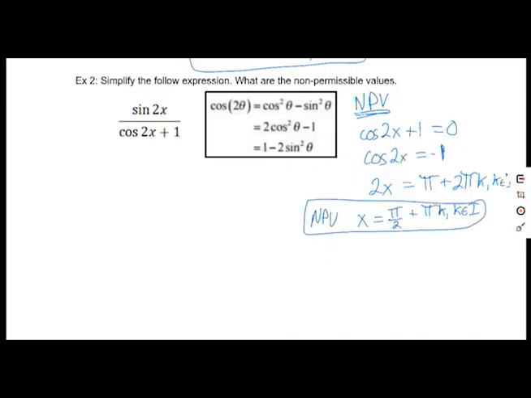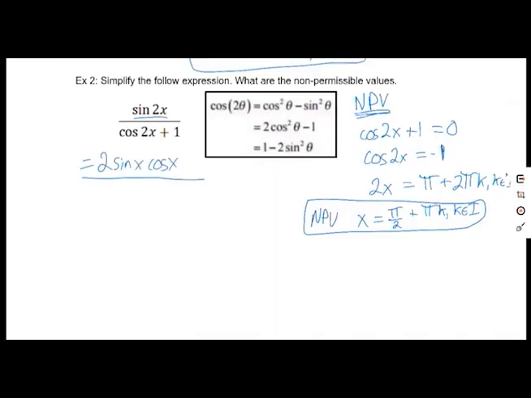Now I can work on the solution to simplifying this expression. I'm normally going to do non-permissible values first because if we don't, we tend to forget them when we're working our way through. All right, so I don't have a choice when it comes to the sine of 2x. I know that that's going to be 2 sine x cos x.